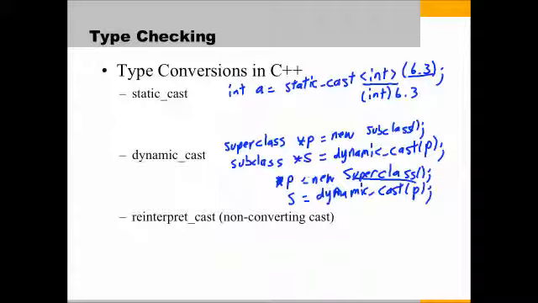And then the final type of cast is called a reinterpret cast or a non-converting cast. And it's often done when you are trying to do something tricky. So let's say that you had some high performance numerical software and you had a float A. Well, if you know something about your IEEE standards, you know that A is going to be part significant digits, and it's going to be part exponent.